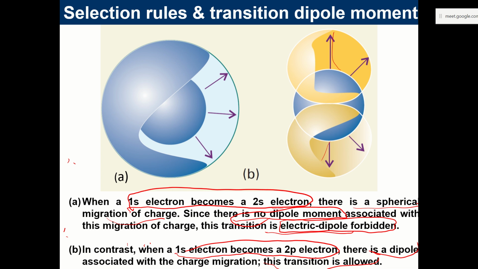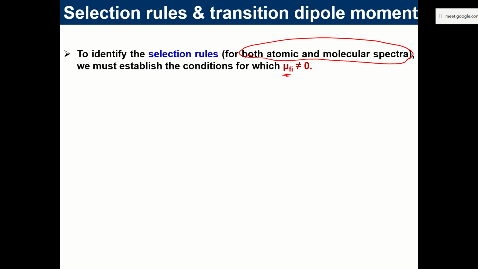So when we visualize a 1s to 2s transition, there is no dipole that is developed. But when we are talking about 1s to 2p, there is a net dipole which is developed due to asymmetric migration of charges, and because of that, interaction happens with the electric field.